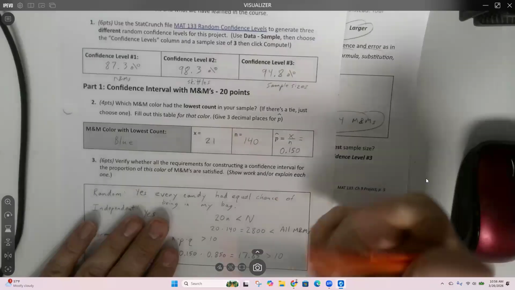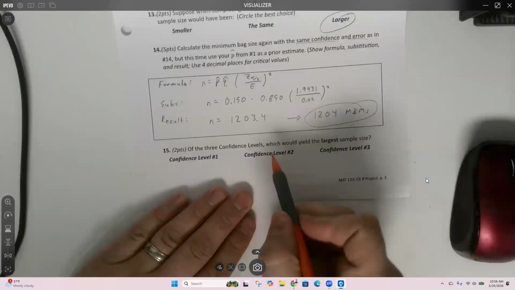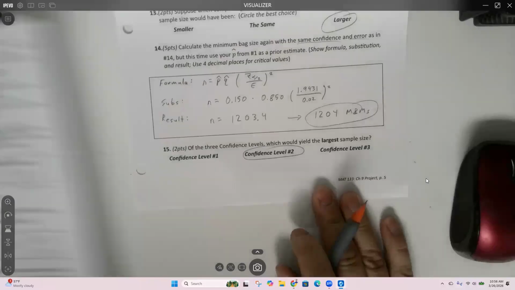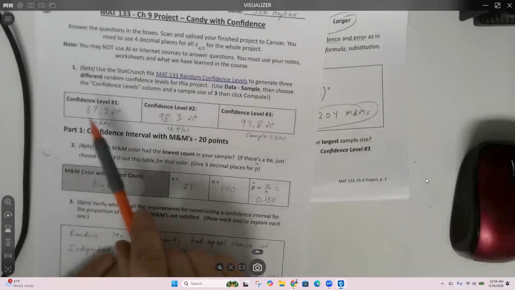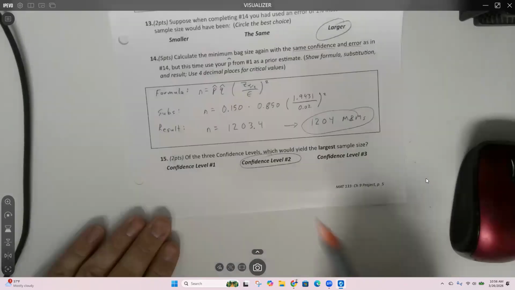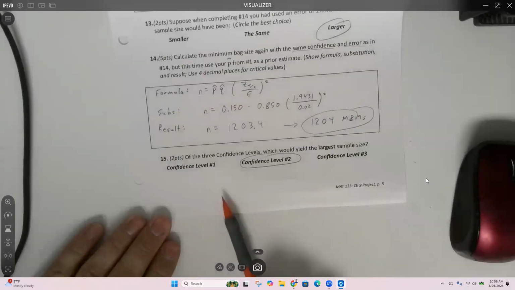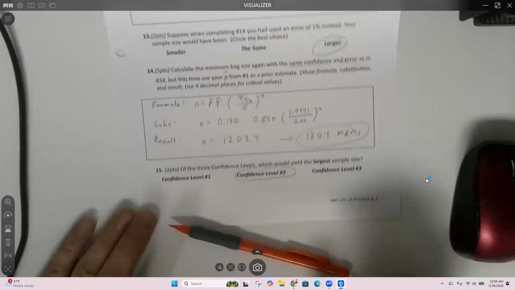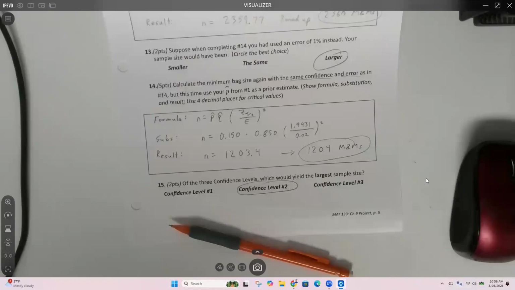So that is going to be my largest sample size. So you're going to look at which confidence levels you have, which one is the biggest. That's the one you're going to circle here. Because confidence is how accurate you are, right? And a larger sample size means more accuracy.